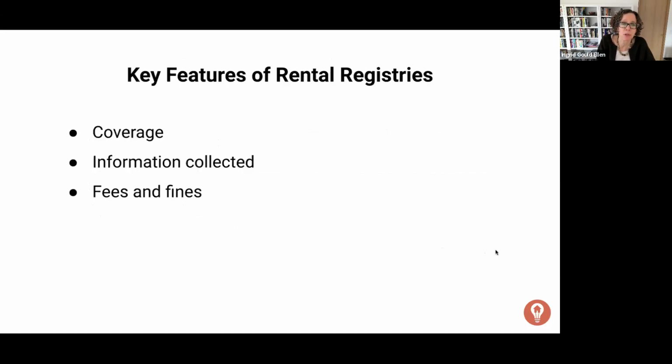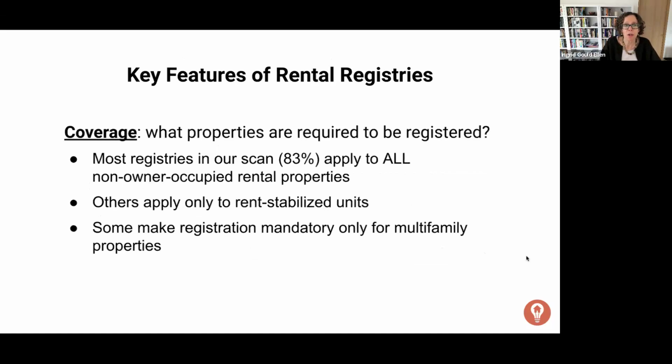We also looked at the key features of these registries. And if you can go to the next slide, it turns out that coverage varies, but most registries required at least all non-owner occupied rental properties to be registered. And some of them only applied to rent stabilized units.